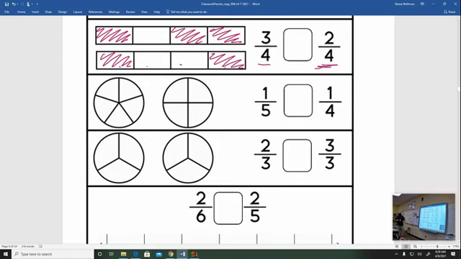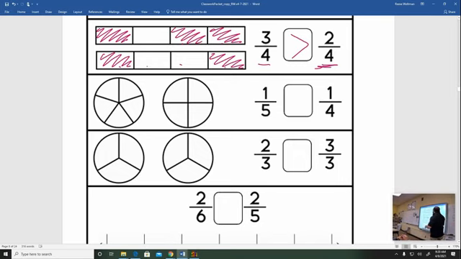So in that case, which one's greater? 3/4. That's right. He's got it because 2/4 is equivalent to what? That's right. Even if it doesn't look like we've taken half, we have. We've taken 2 out of 4. Right? That's 1/2.